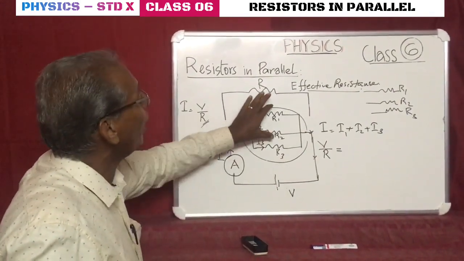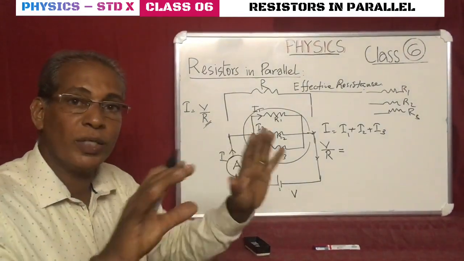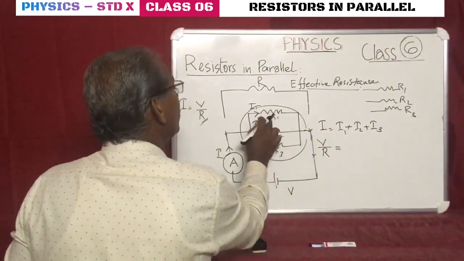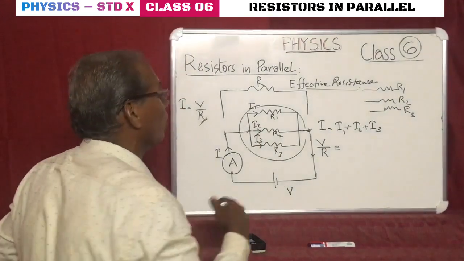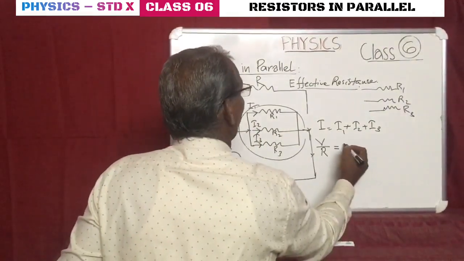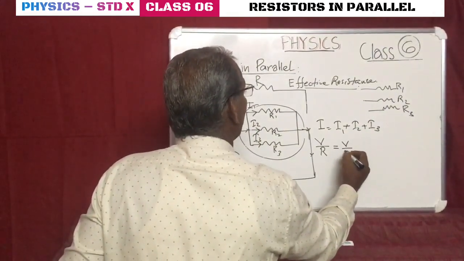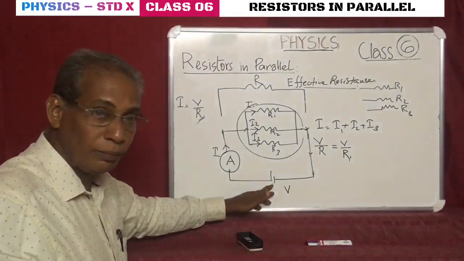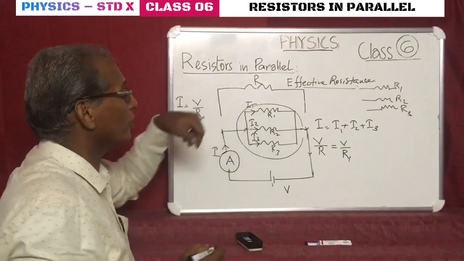In between we have all these 3 resistors, so V is common. So we can write current through first resistance R1 is equal to V by R1, because V is common, R1 is the first resistance.